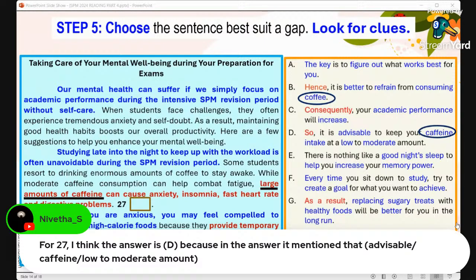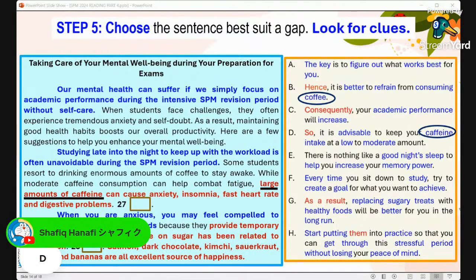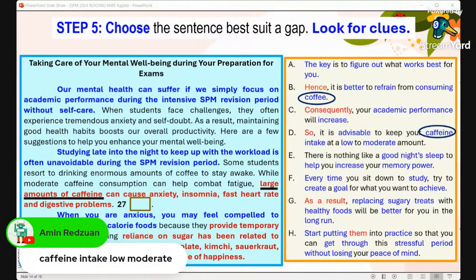I'm very curious to know, Nivita is from which district? I don't need the school. Later this one ask for school. What district are you from, Nivita? Or what state are you from? Shafiq says D. But Shafiq, I want to know why D. Amin says caffeine intake low, moderate. Which answer is it, Amin?